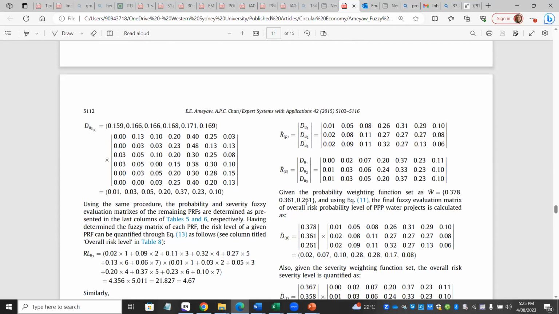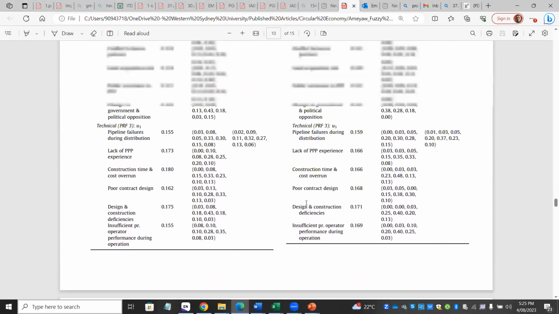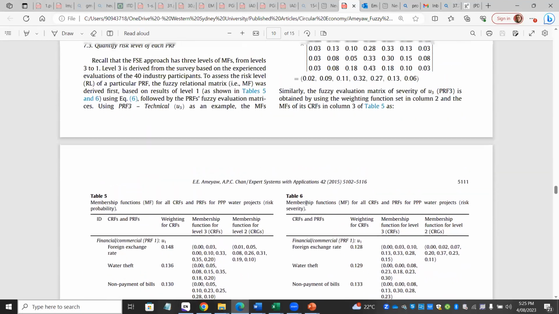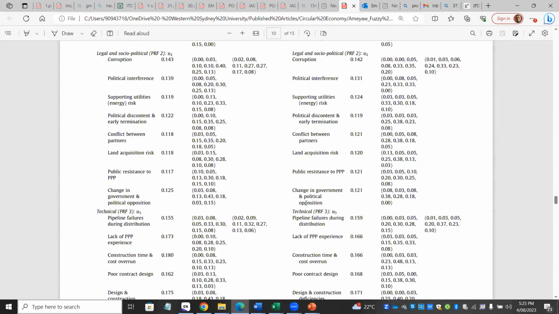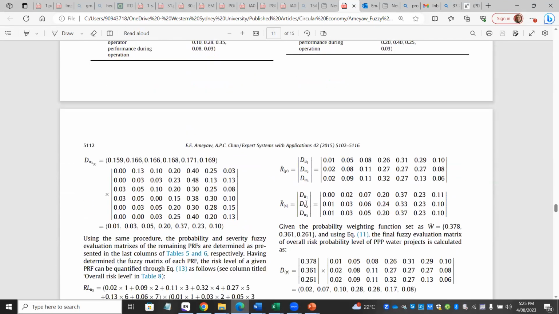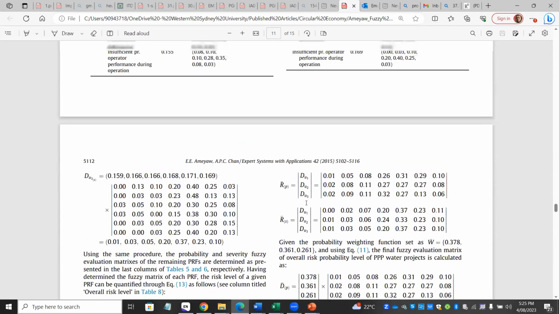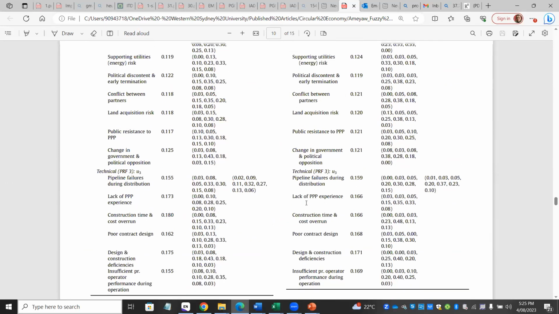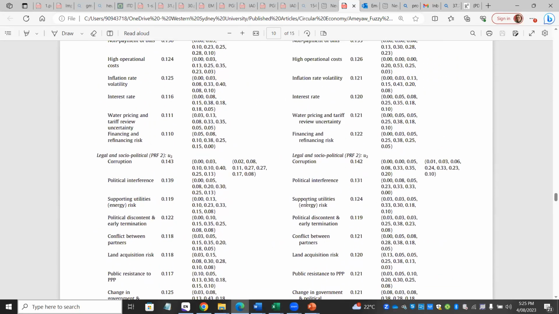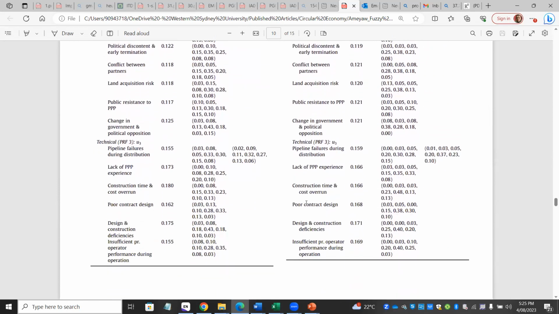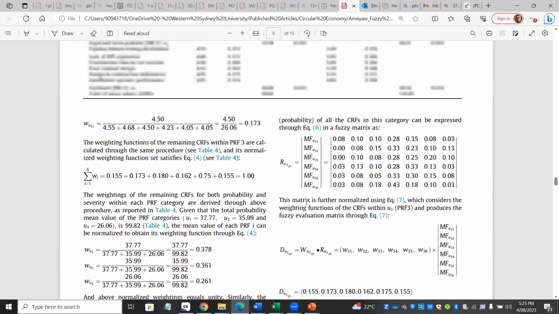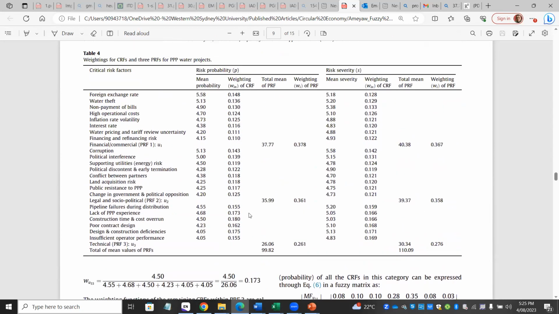Now, what again should be done? So this is for, what group is this? 0.159. Let me go back to the table. Okay, so that's also another example.